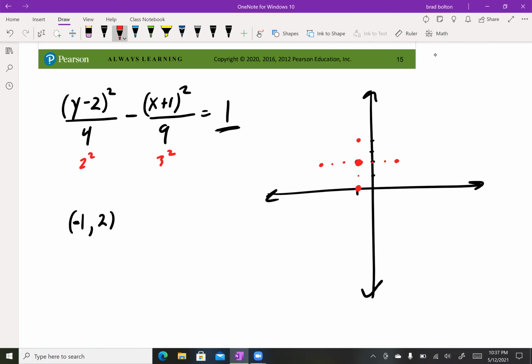Okay, so now I can draw this little box. And again, I just made this one up because I didn't have a good one from your homework.